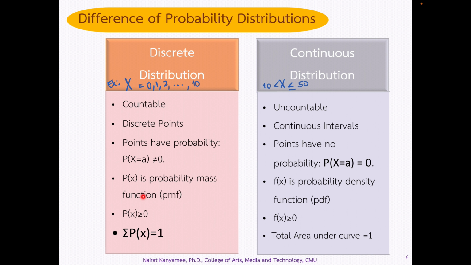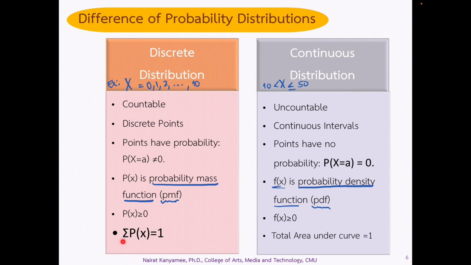For a discrete distribution, we call the probability the probability mass function, PMF, and we use p(x) to represent it. For a continuous distribution, we use f and call it the probability density function, PDF. And of course, probability cannot be negative; it has to be either 0 or positive.